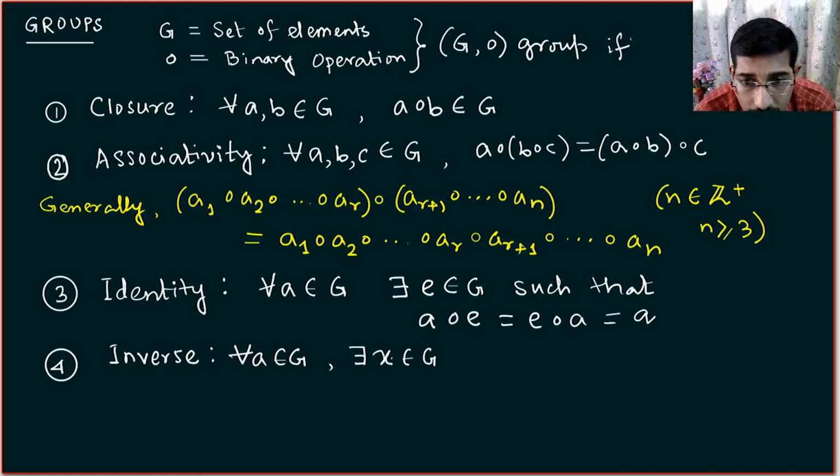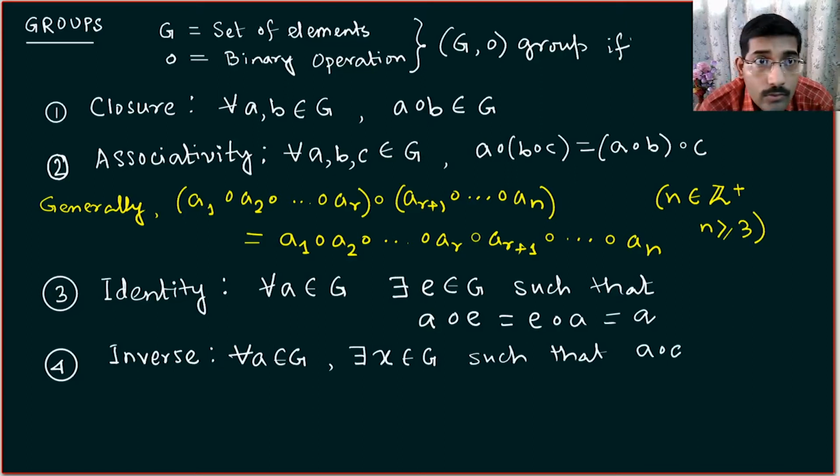So for each A, I can get a corresponding X such that A O X equals X O A, which is E. If these four properties are satisfied, then only can I call G a group.